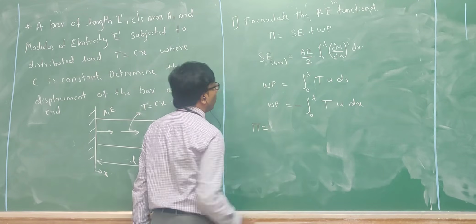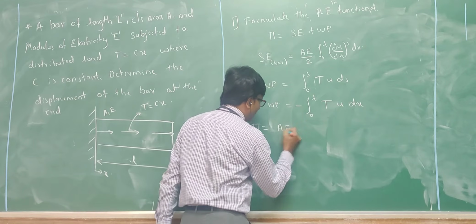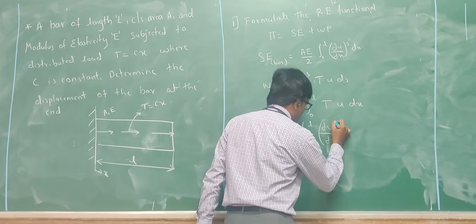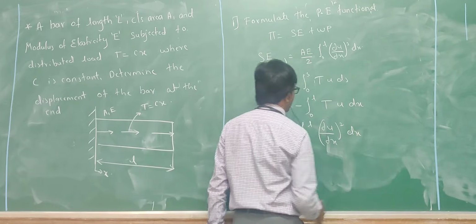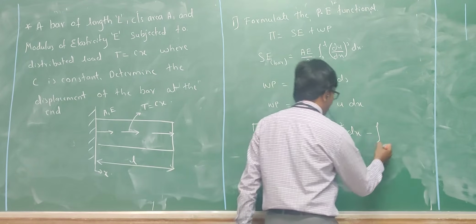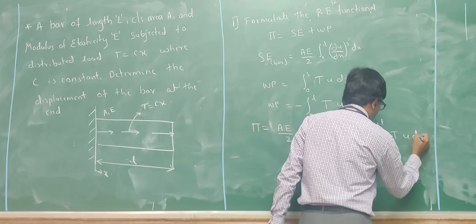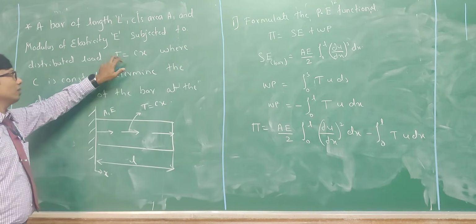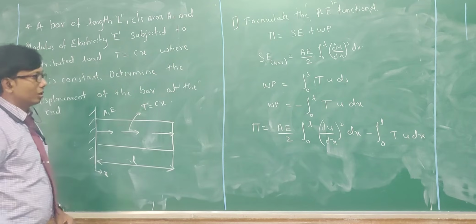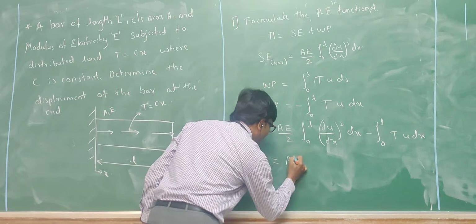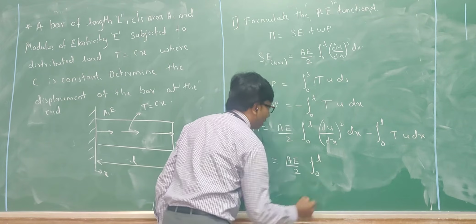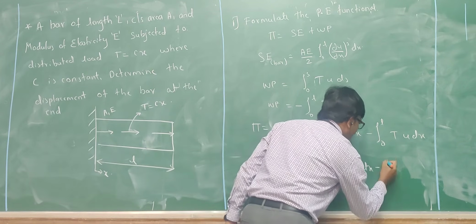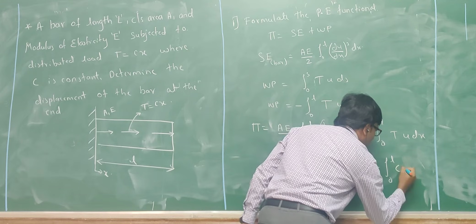We combine them to form an equation: AE by 2, integration 0 to L, of dou U by dou X the whole square into dx, minus integration 0 to L of T into U into dx. But in the problem definition they have given the T value: T is a constant into x.